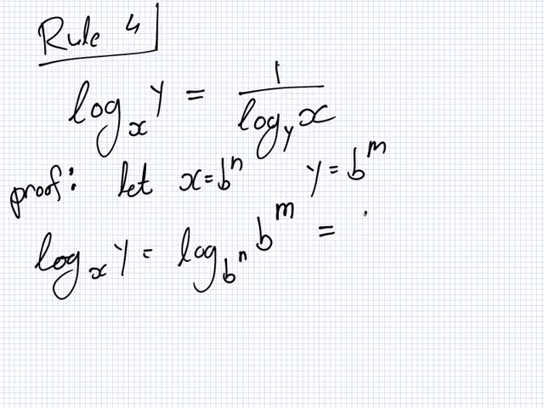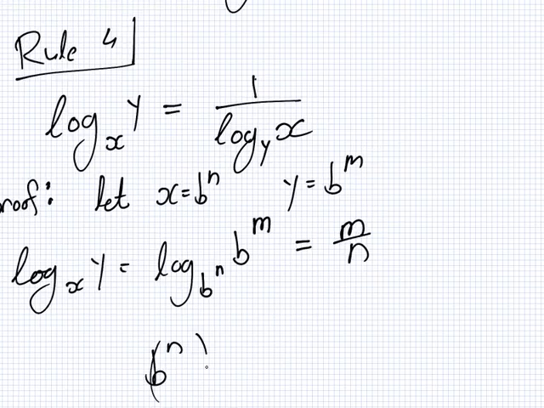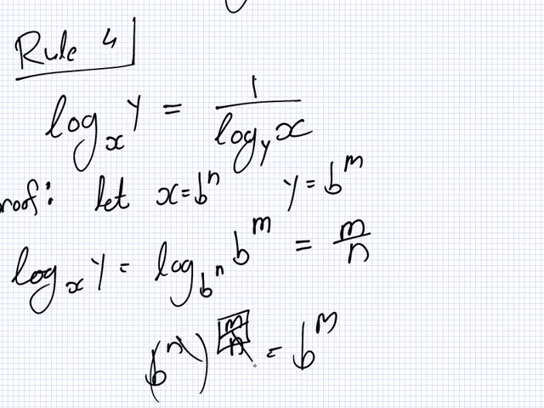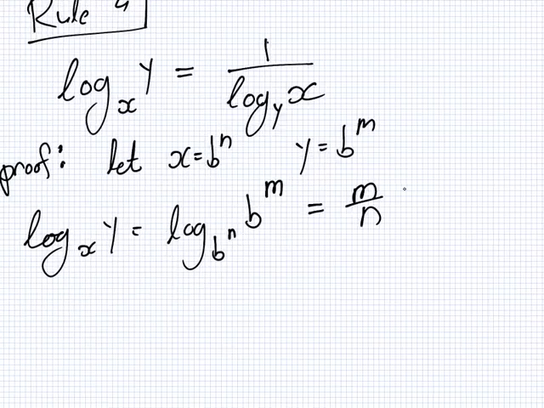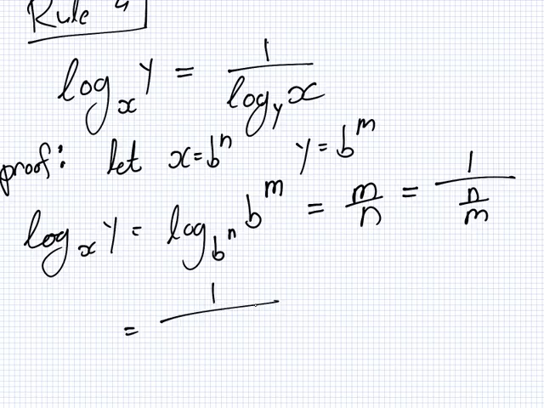That's it, n over m. The power you have to put here to make b^m become b^n is n over m.